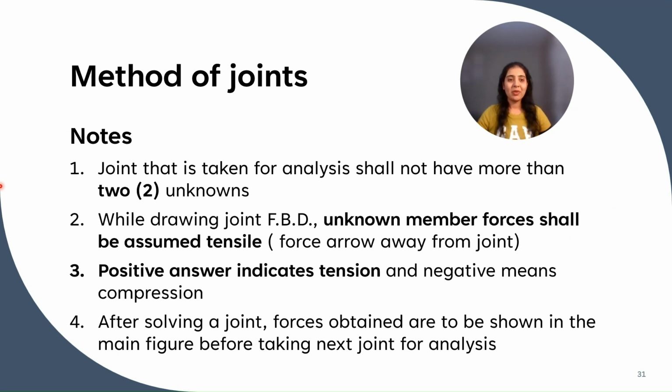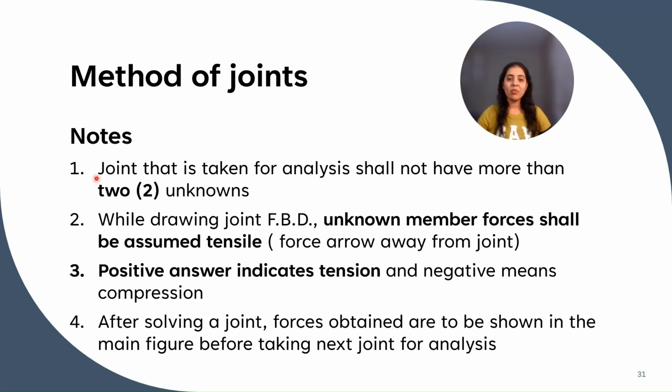Some notes for the method of joints. The joint taken for analysis shall not have more than two unknowns. While drawing the joint FBD, unknown member forces shall be assumed tensile, that is, force arrow away from the joint.